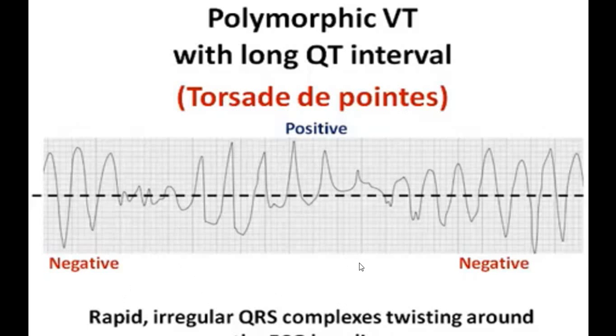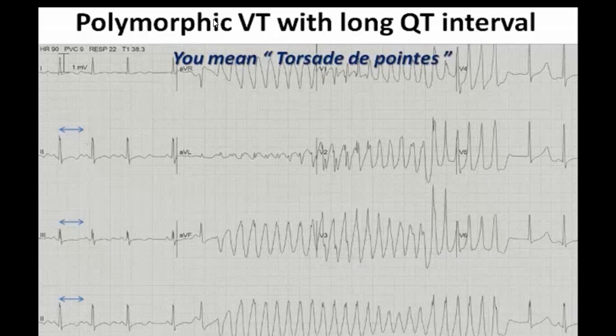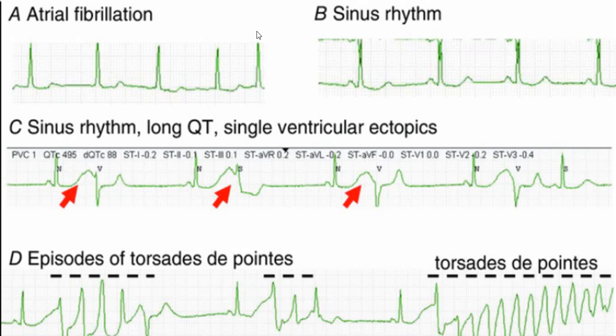So that is Torsades De Pointes: polymorphic ventricular tachycardia with long QT. So you will have a short QT followed by a long QT and again short QT, and then you get polymorphic ventricular tachycardia. That will be Torsades De Pointes.